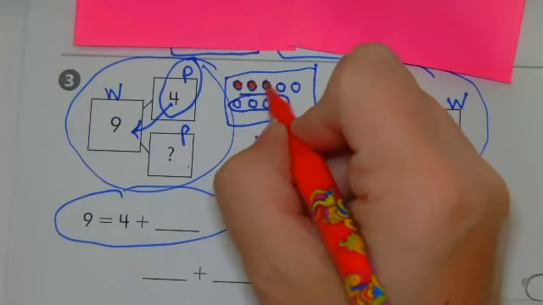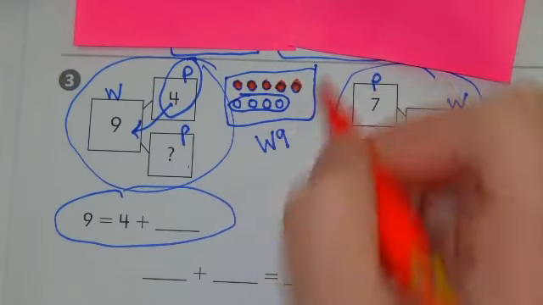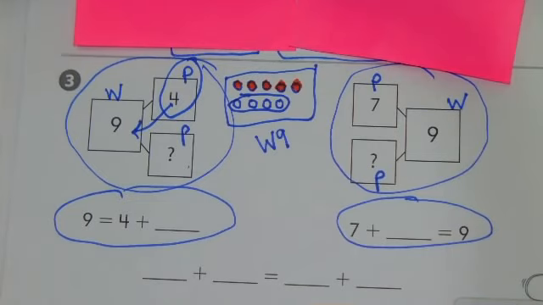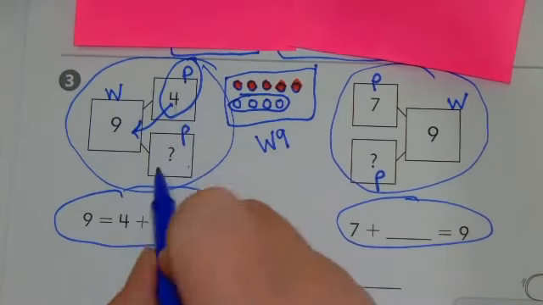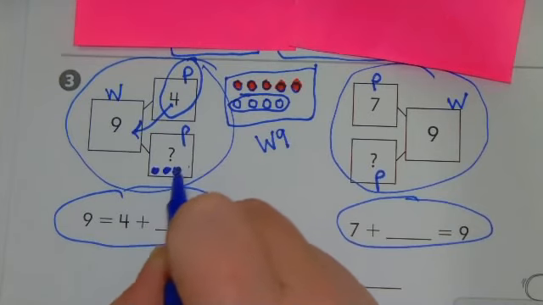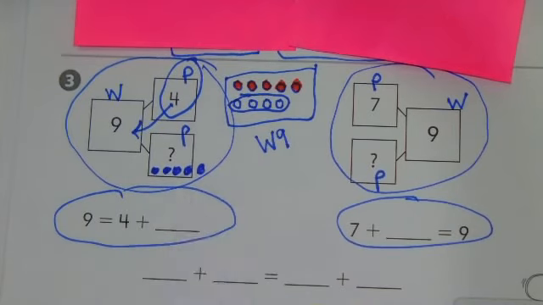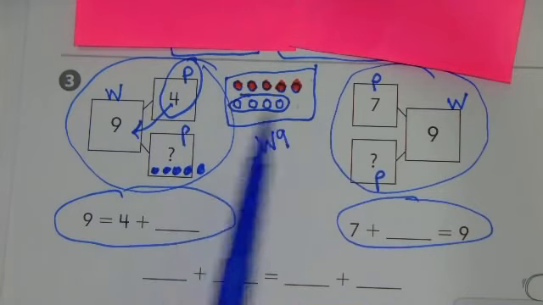And how many are left in the other part? 1, 2, 3, 4, 5, right? So we can count on from the part we know up to the whole. 4, 5, 6, 7, 8, 9.